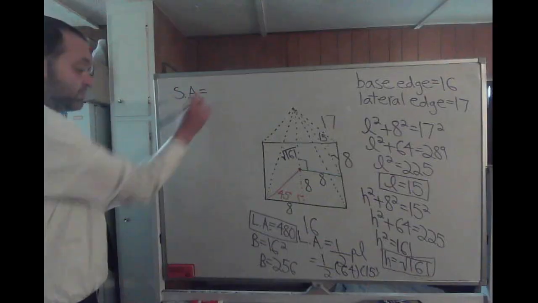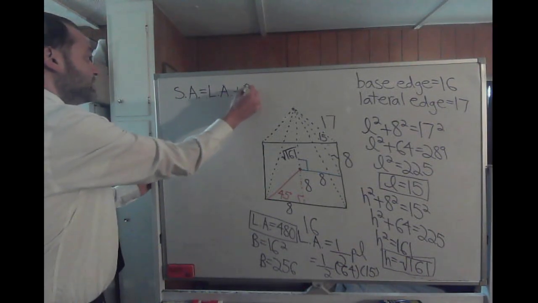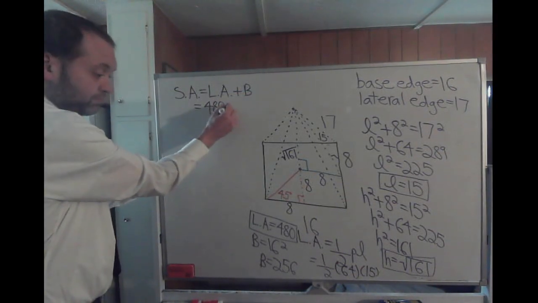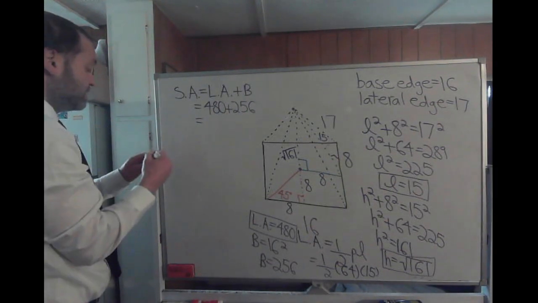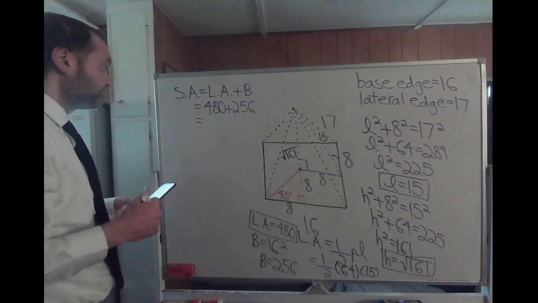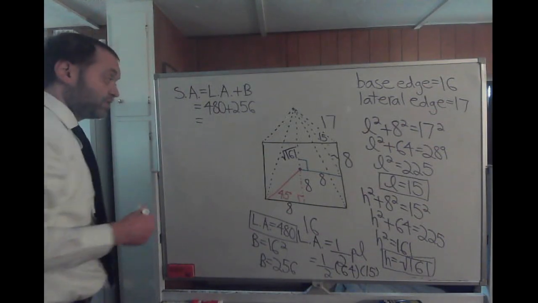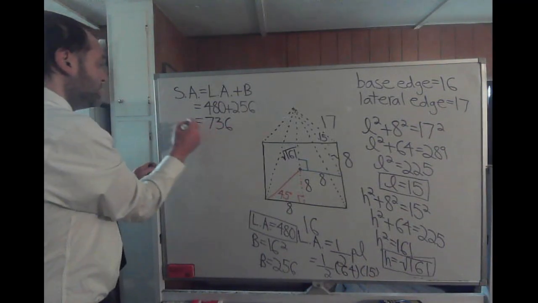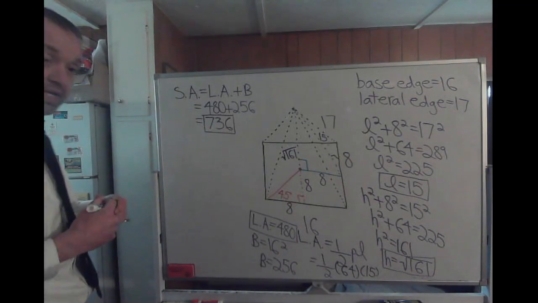The surface area, of course, is the lateral area plus the area of the base, which would equal 480 square units plus 256 square units. So now I just need to add 480 plus 256. That would give me 736 square units. So the surface area of this pyramid is equal to 736 square units.